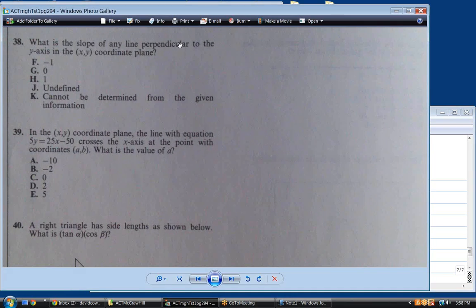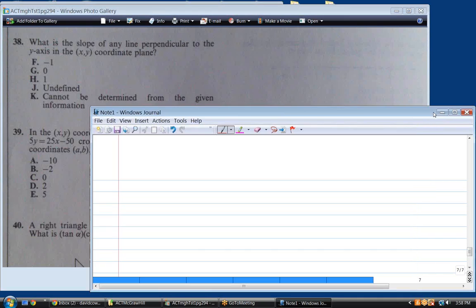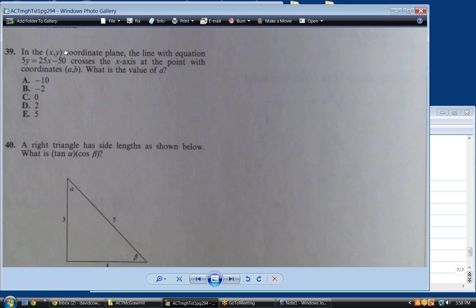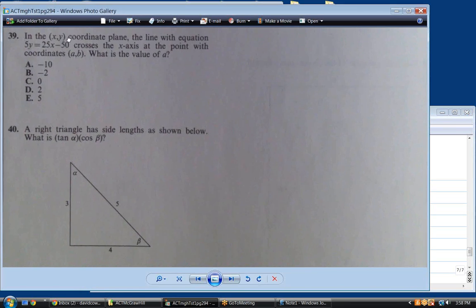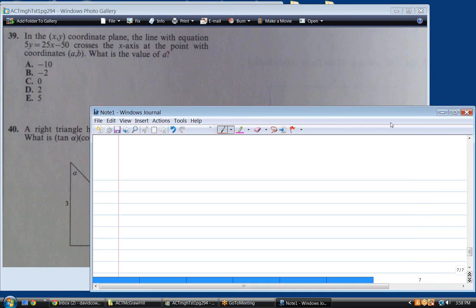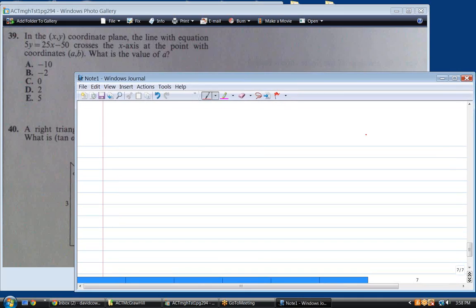In other words, underline the perpendicular, because that's the most important word in the sentence. I don't do that anymore because it does take time, and I'm not sure whether or not it's worth the time that you have to take to go through and find the keywords and underline them. Probably is worth it, but yeah. I don't know about doing it on the test itself, but definitely for math.